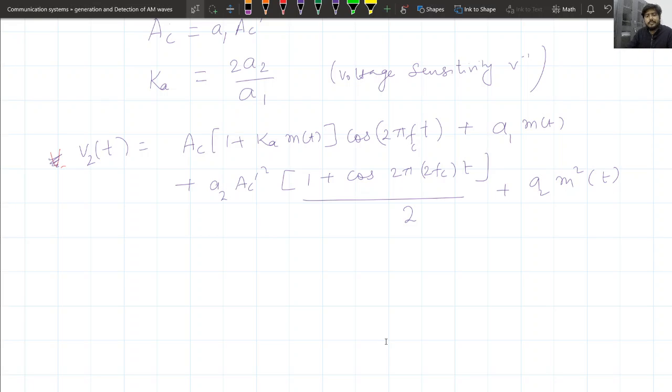Now we have to pass the same signal to a band pass filter. Now you can see here what types of frequencies are present here.